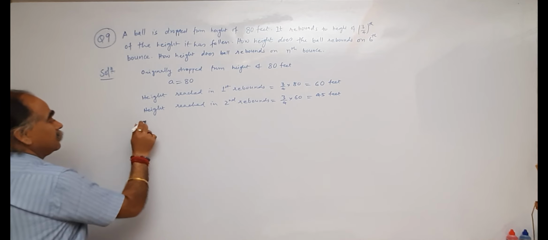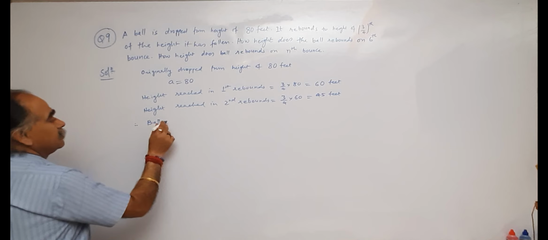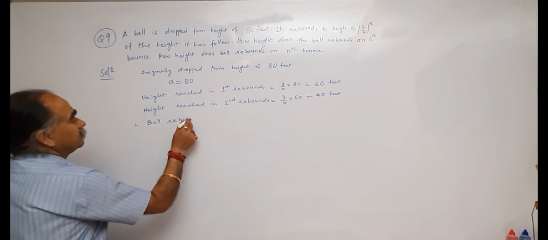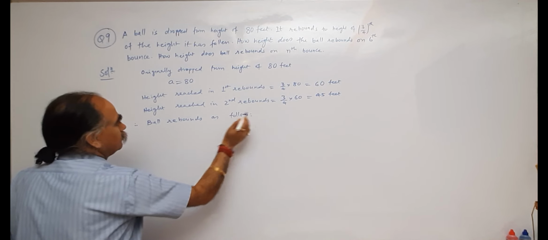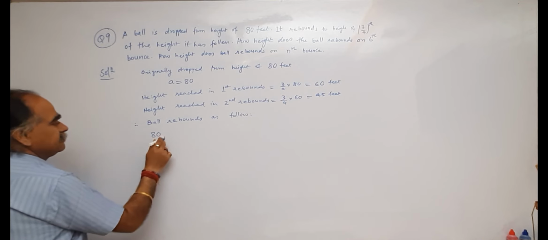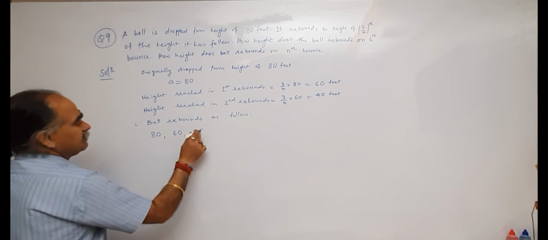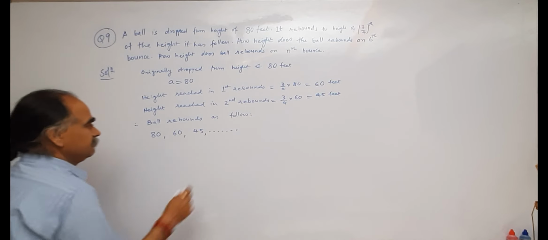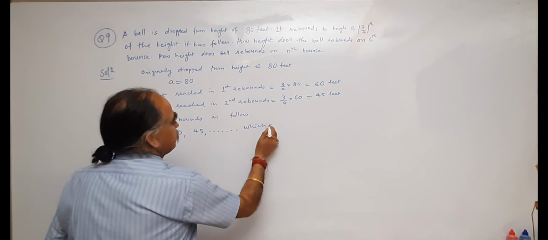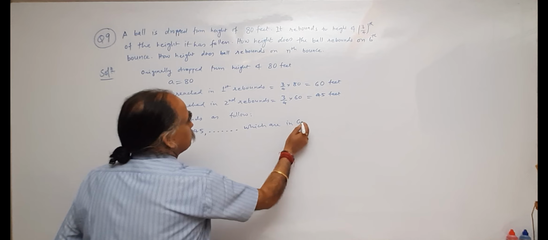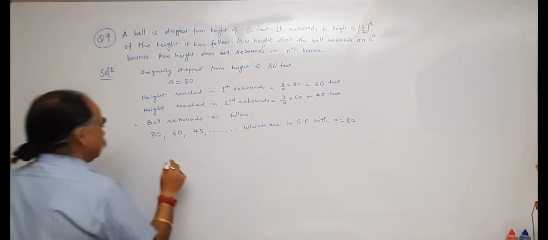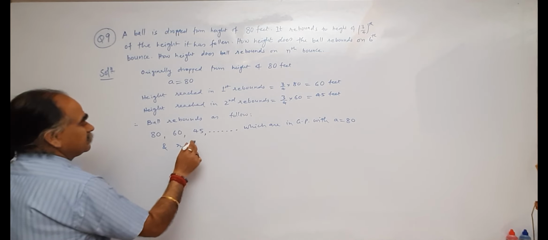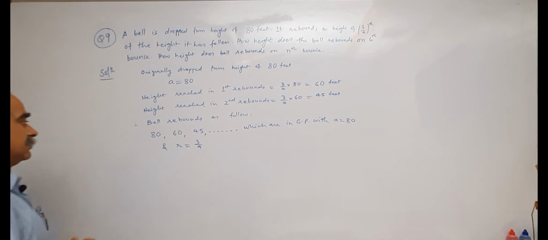Therefore, the ball rebounds as follows: 80, 60, 45 and so on, which are in GP with A equal to 80 and R is what? 3/4. 60/80 will give you what? 3/4.